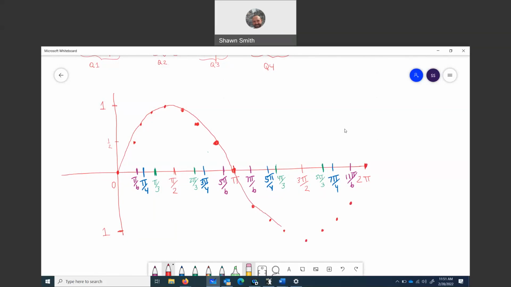So this is 1 period for your sine x, which is equal to 2 pi units.